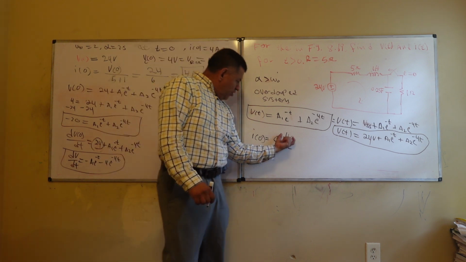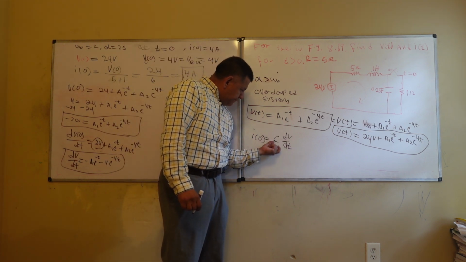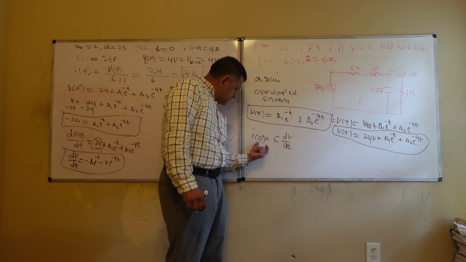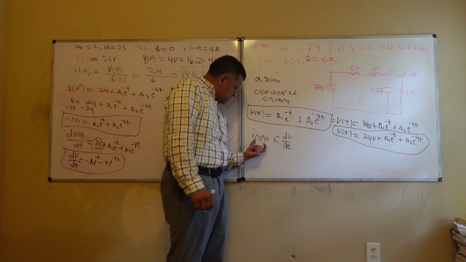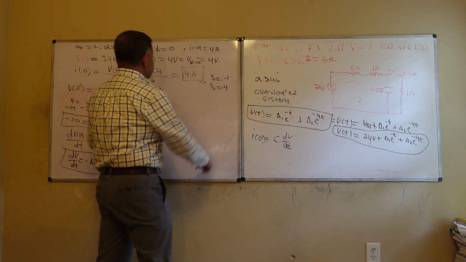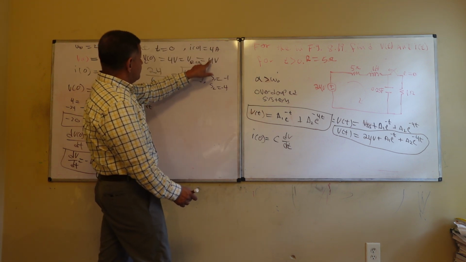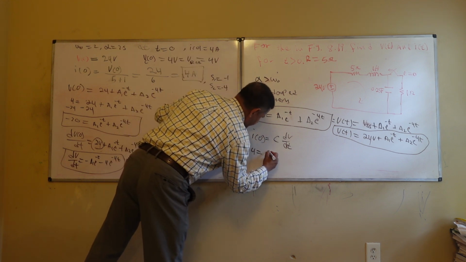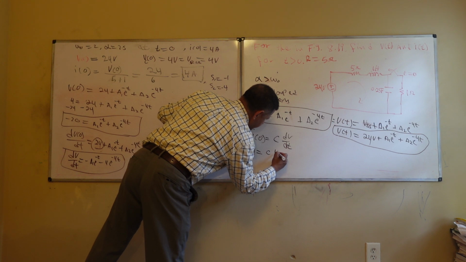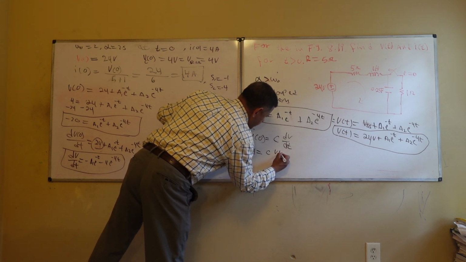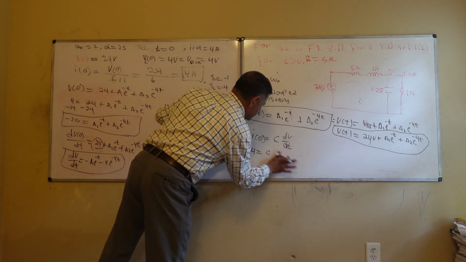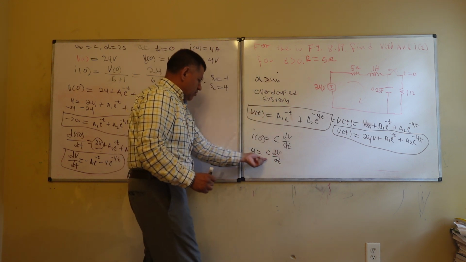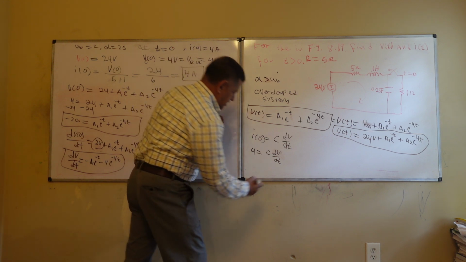The change in voltage over the change in time of that capacitor when the current at time 0 is 4 amps. So 4 is equal to C times dV over dt.